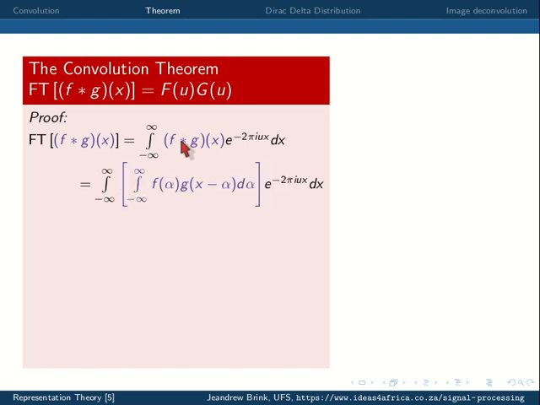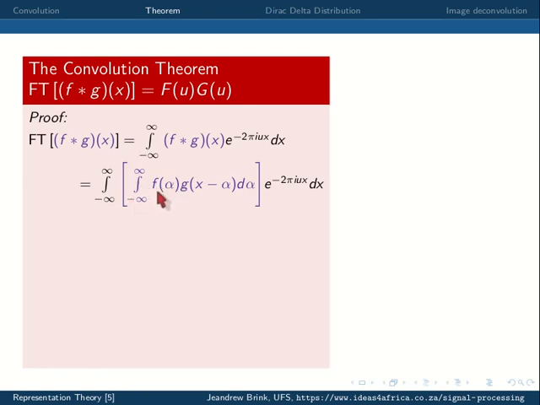The next step is you write out what the convolution is. The definition of our convolution is simply this integral from minus infinity to infinity, f of alpha g of x minus alpha d alpha. And what you're going to do now is again what we've done in so many of these other proofs: you're going to swap the order of integration.